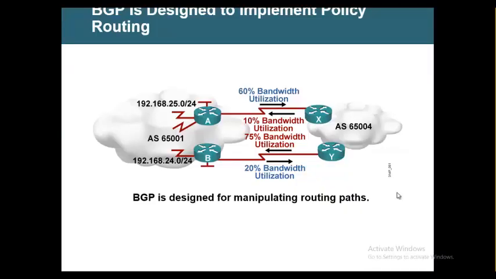You see, we have two autonomous systems in this picture. Router A and router B have got some policies.